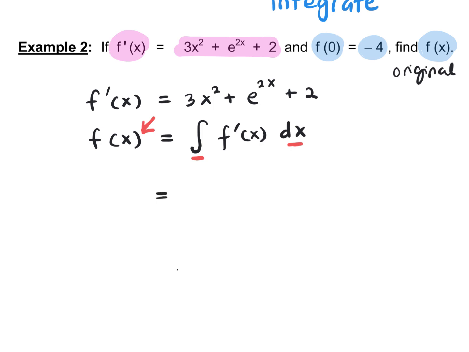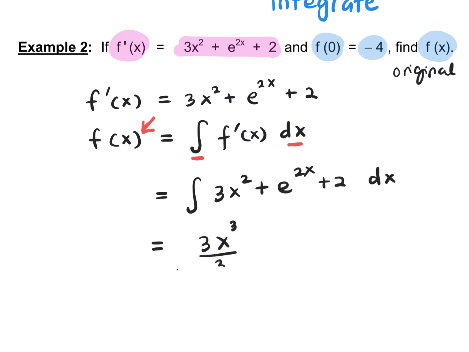So let's replace with what we have. Given f prime x is 3x squared plus e to the power of 2x plus 2, we are going to integrate this. So 3x to the power of 3 over 3, and then e to the power of 2x divided by 2, the differentiation of the index, and then integration of 2 will give you 2x.